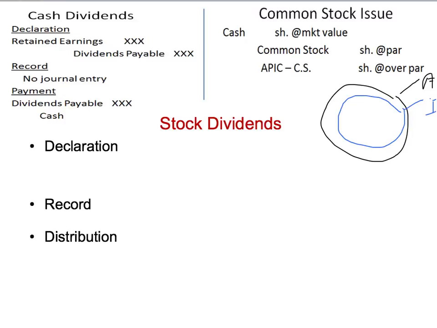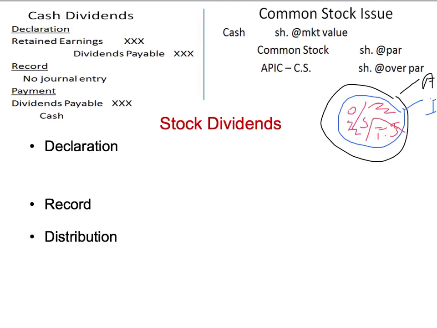Now, if you have treasury stock, it's the stock that is held by the corporation itself, we cannot pay to ourselves or distribute the shares. Therefore, the only shareholders that will receive the dividends will be outstanding shares right here.